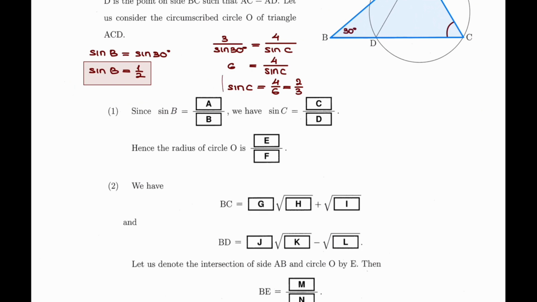So my answer for letters A and B is 1 and 2. And then my answer for letters C and D is 2 over 3.